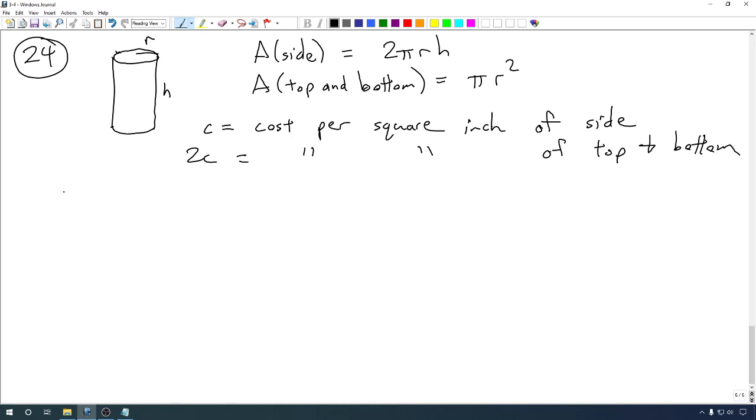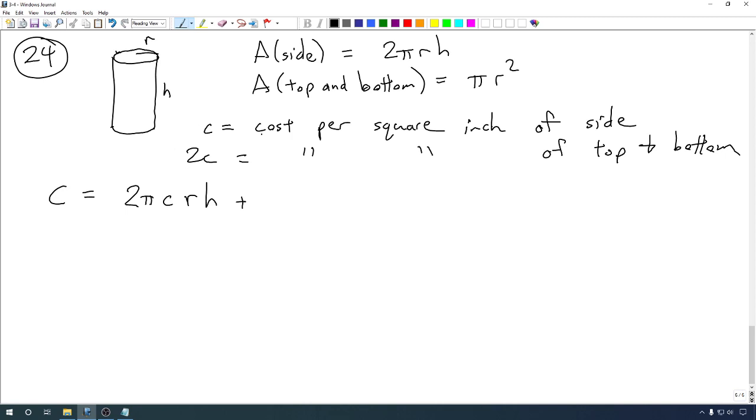That means when I set up a formula for the cost, I'm going to take the area of the side times the cost per square inch of the side. So we have 2 pi, we're going to put the c in the middle, times r h. Make sure that's an r, not an n.